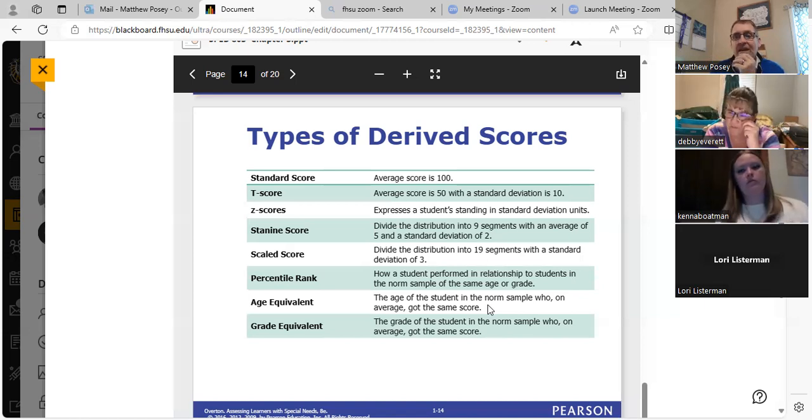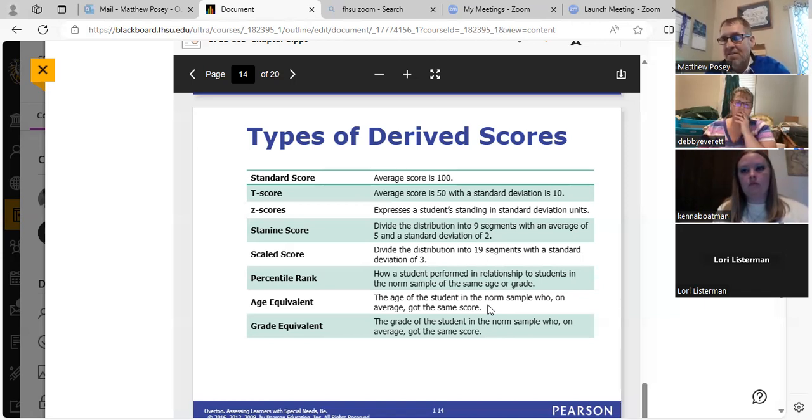A lot of times, I like to include that age and grade equivalency because that's an easy way for the parent to really see where their student is at, whether they scored well above or well below. That's an easy identifier for them compared to some of these other types of scores.